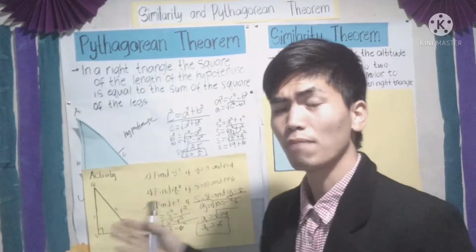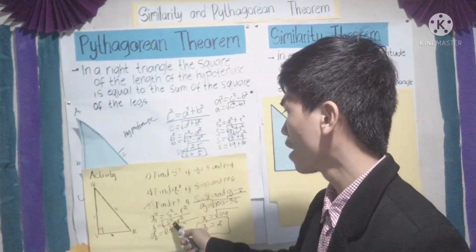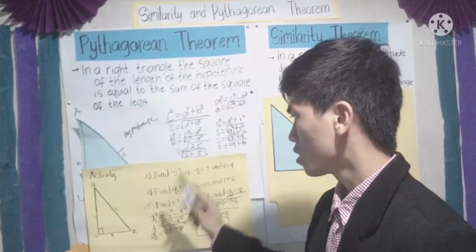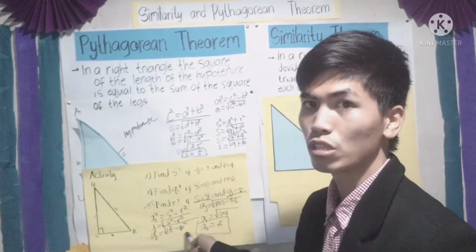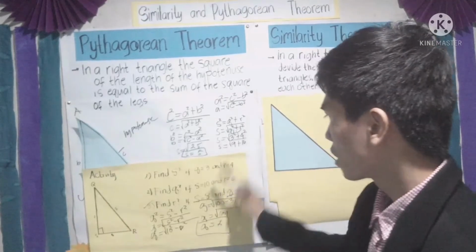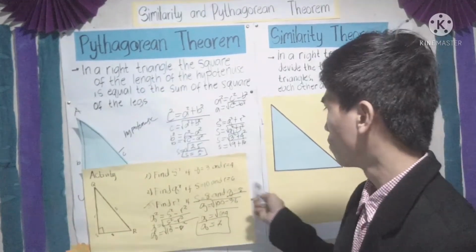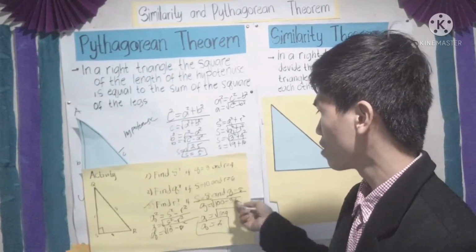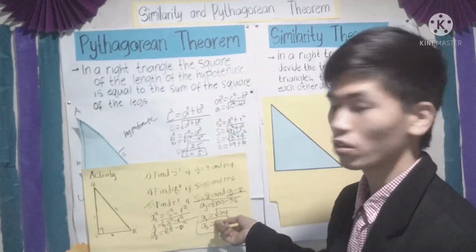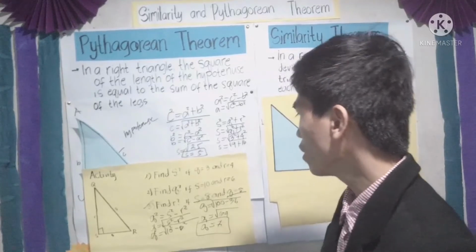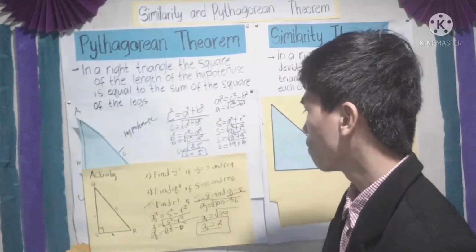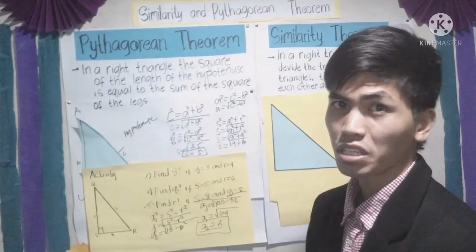Then substitute the values of r and s. q is equal to the square root of 10 squared minus 6 squared, which is the square root of 100 minus 36, or the square root of 64. The square root of 64 is 8, so q is equal to 8.